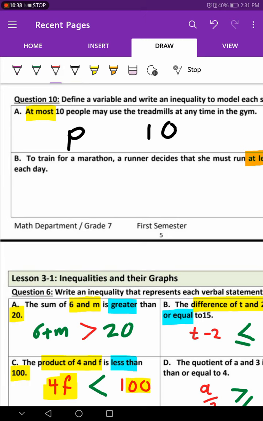Yes, at most means less. But is there any equal or not? There is equal. At most 10, so the 10 is one of the solutions. So at most means less than or equal. This is the first very important information.